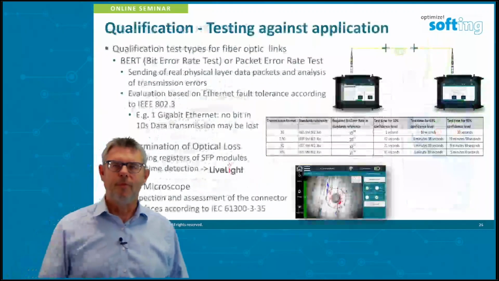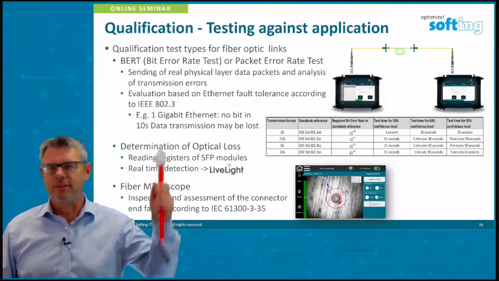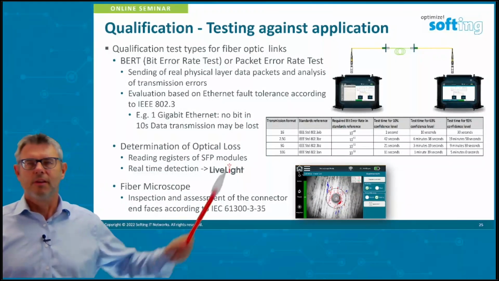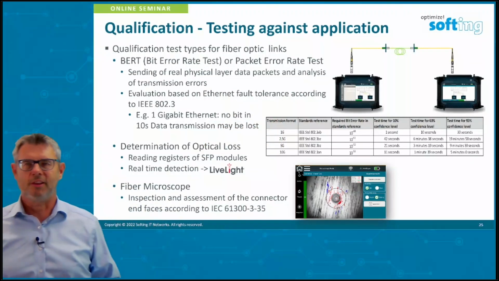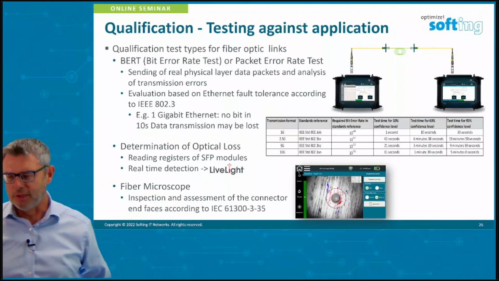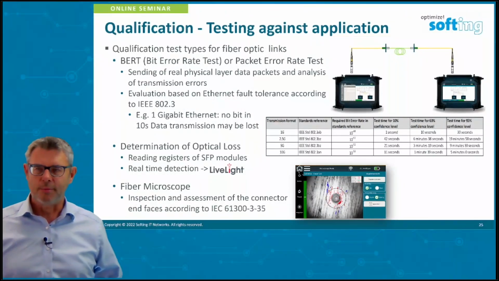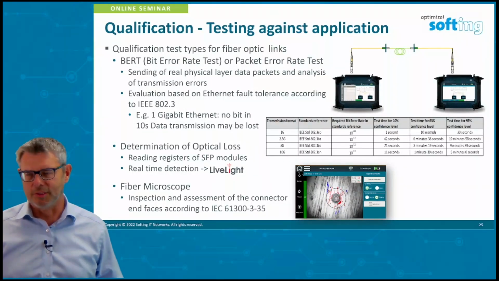Okay, if you want to find out the performance now of your fiber optic cable, qualification is the first one. So we are testing here against the application. What we are doing is we are taking our fiber optic cable in between two test instruments, two NetExpert XG2s, and we are doing a BERT in between, so a bit error rate testing, and we are looking for the amount of data getting lost between the two ends of the cable.